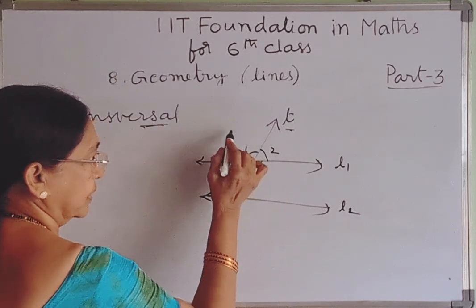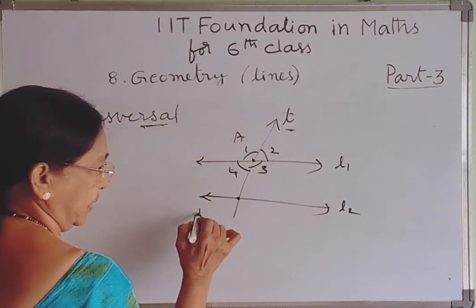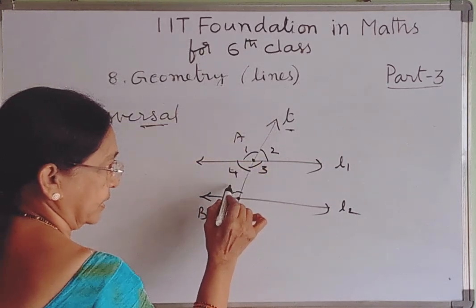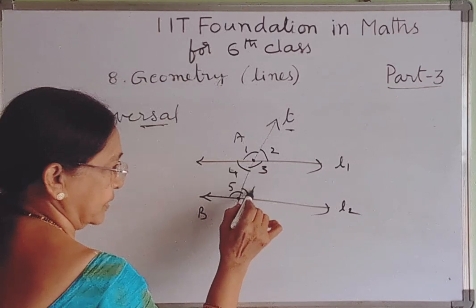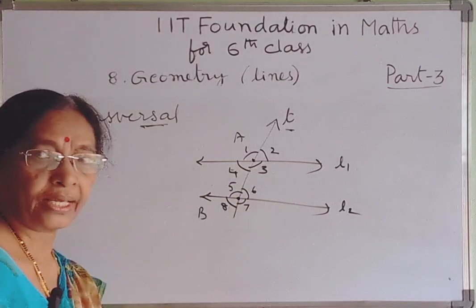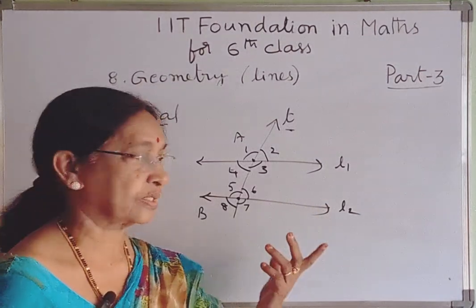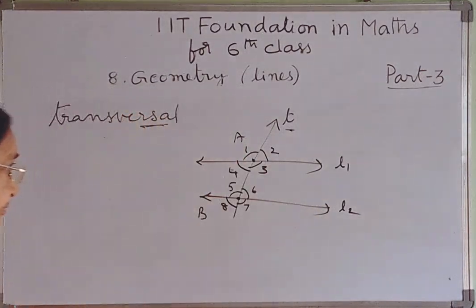Let this point be A and this point be B, and this angle is angle 5, this is 6, this is 7 and this is 8. So altogether 8 angles are formed when two lines are intersected by a transversal.